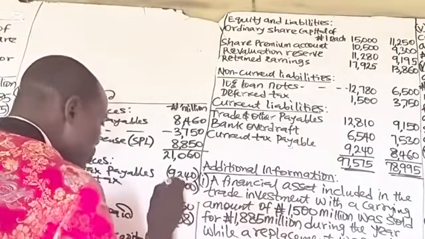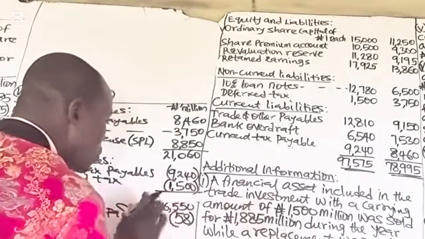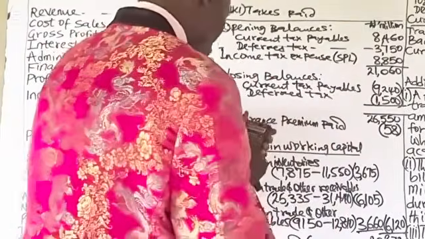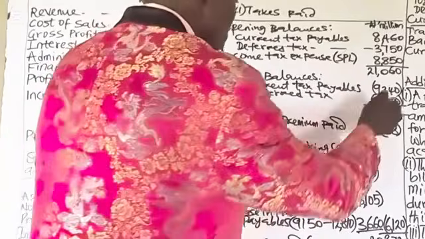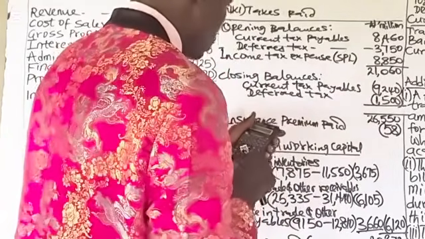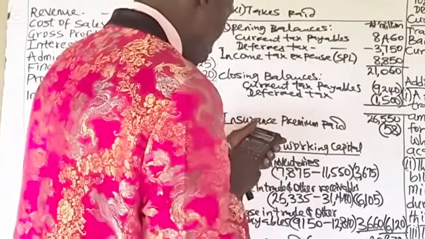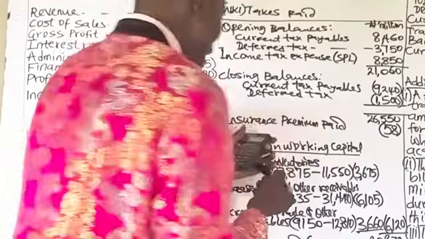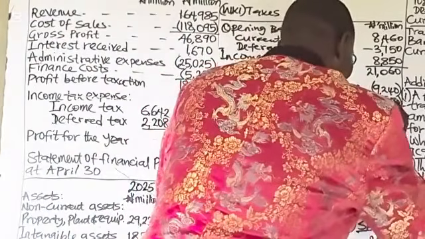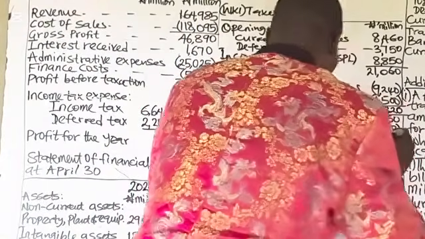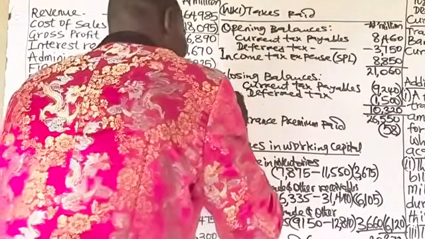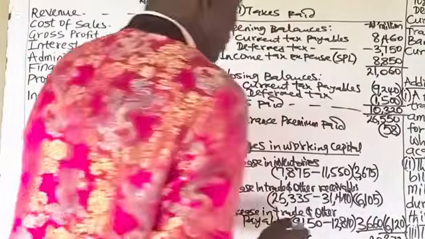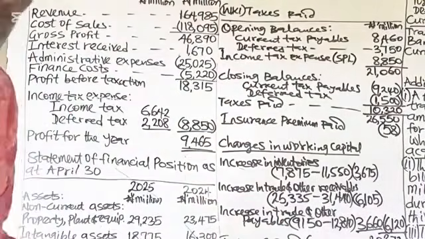After these adjustments, how much do you have as the tax paid? 21,060 minus 9,240 minus 1,500. Then you have 10,320. That is taxes paid, the amount paid as tax during the period.